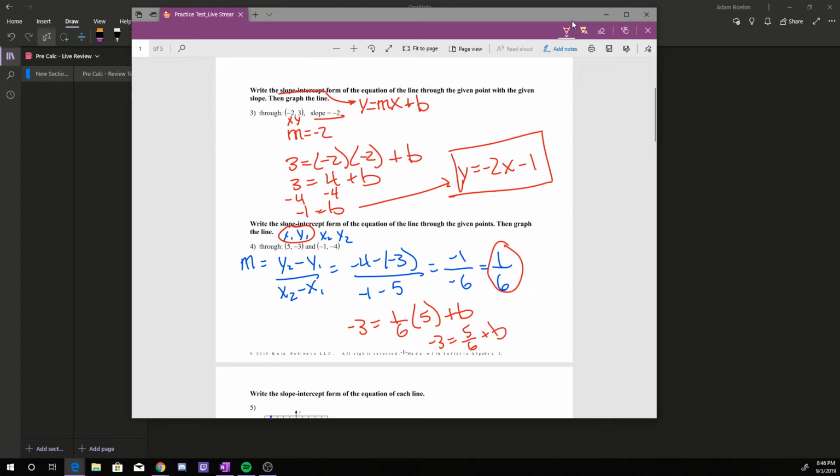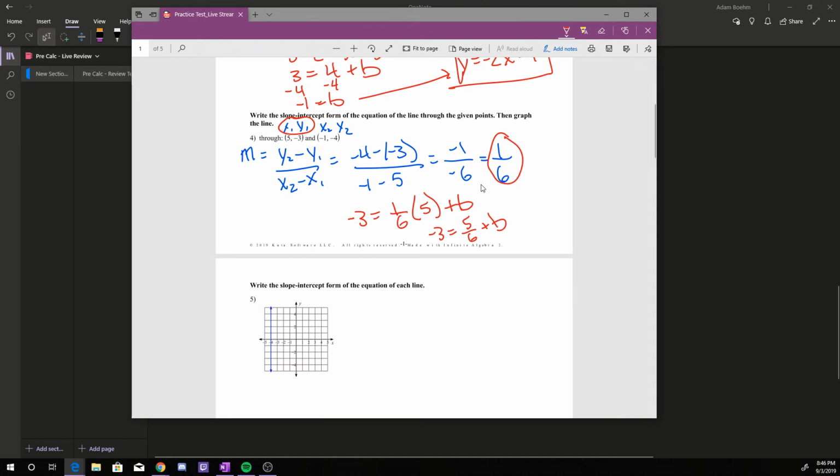If we subtract 5/6 from both sides, we get -23 over 6, which is b.